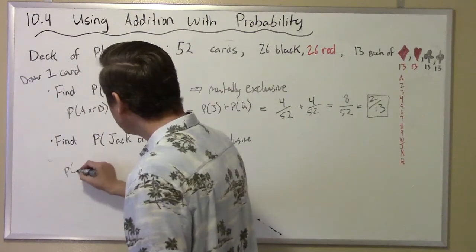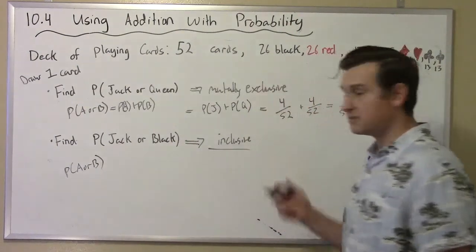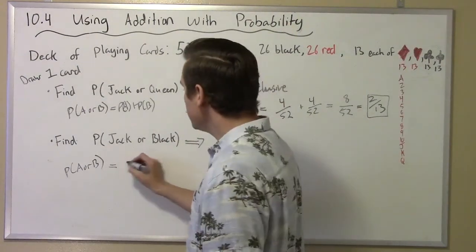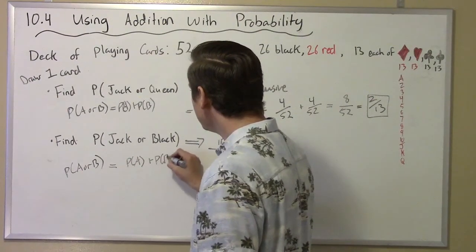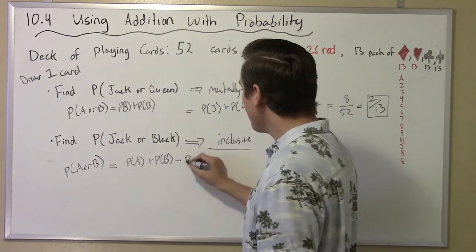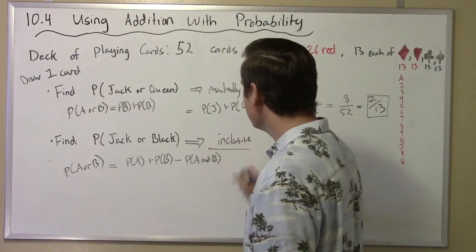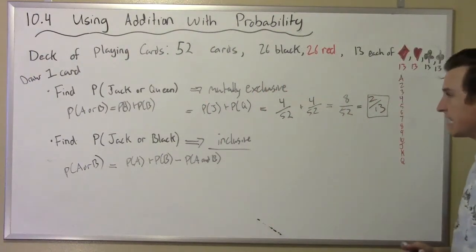So the probability of A or B when we're talking about inclusive is we have to add the 2 probabilities and then subtract the overlap. So it's the probability of A plus the probability of B minus the probability of A and B. That's what we're going to have here. Okay, so let's write these out.